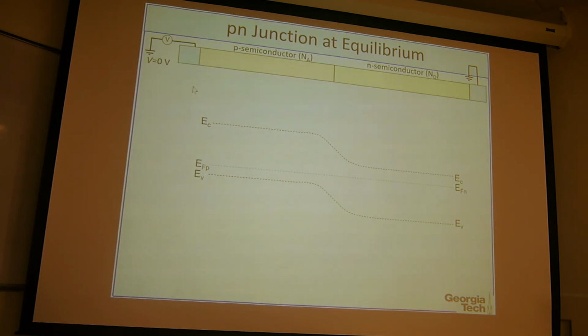Now we apply, let's say this is ground, always as your reference, and then we apply positive voltage, for example, positive 0.5 volts to the P side.